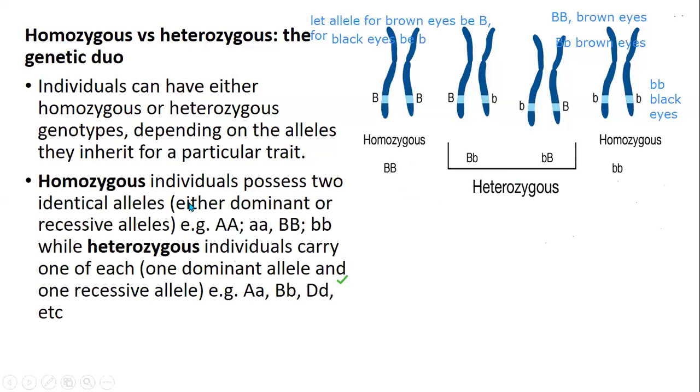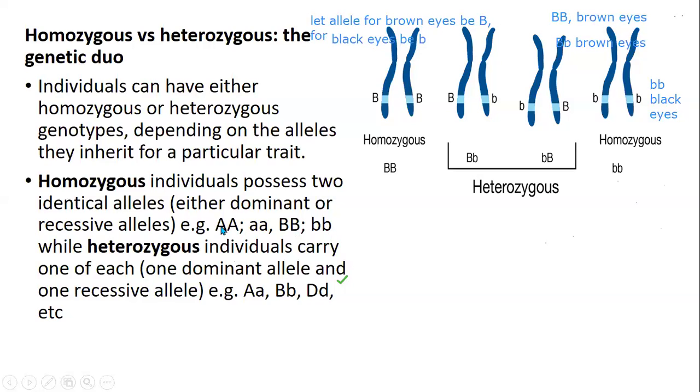Here I've illustrated showing that homozygous individuals will possess two identical alleles. The key word is identical, meaning they are the same. They can either be dominant or recessive alleles, but they both have to be identical, like capital A, capital A, or small b, small b.